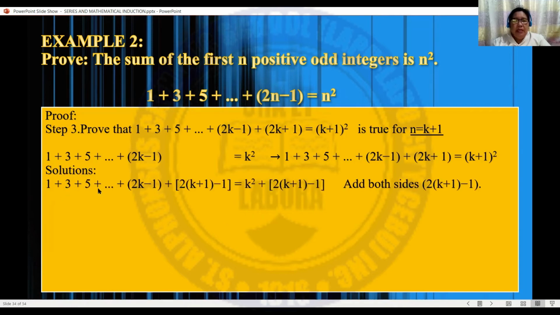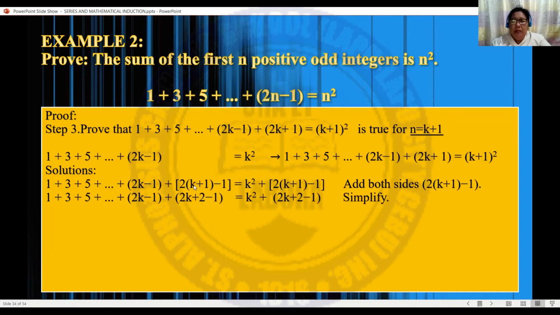1 plus 3 plus 5 plus 2k minus 1 until here, and then you add 2 times (k plus 1) minus 1, which is equivalent to k squared. And then since you're adding this expression, you also add it to the other side. And then all you have to do is to simplify.